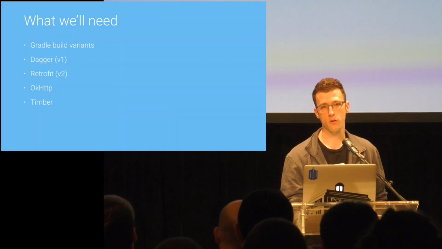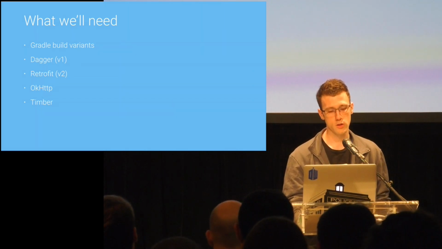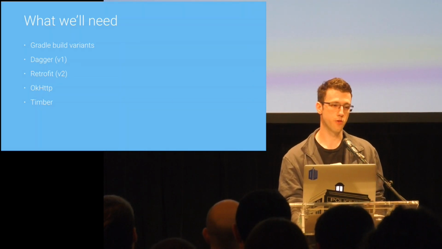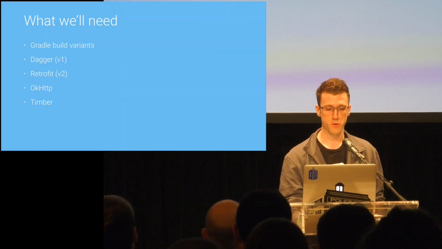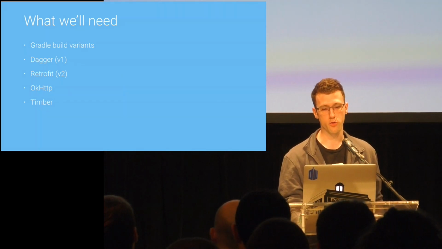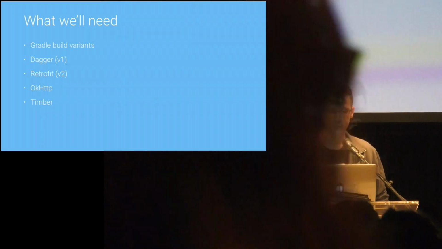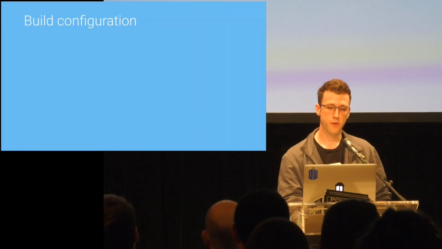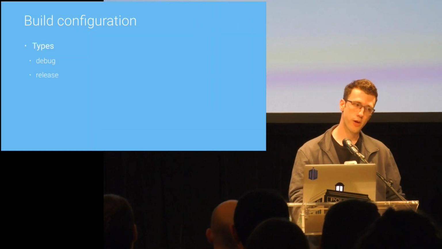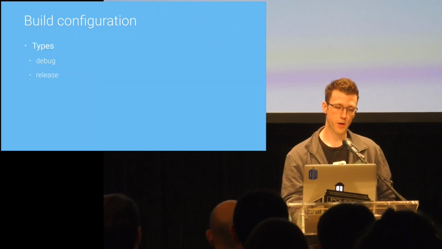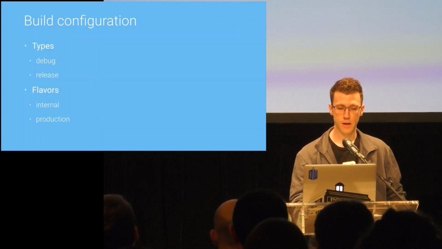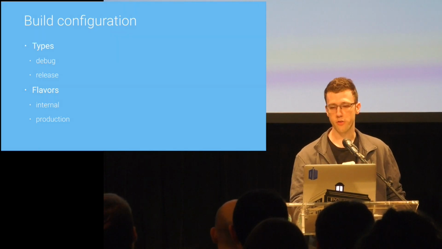None of these are strictly required to get any of this to work. However, they have been designed with basically this talk in mind to allow you to plug into them and have debug-specific actions. So our Gradle build configuration, we're going to have two types. It's going to be debug and release. And we're also going to have two flavors, internal and production.